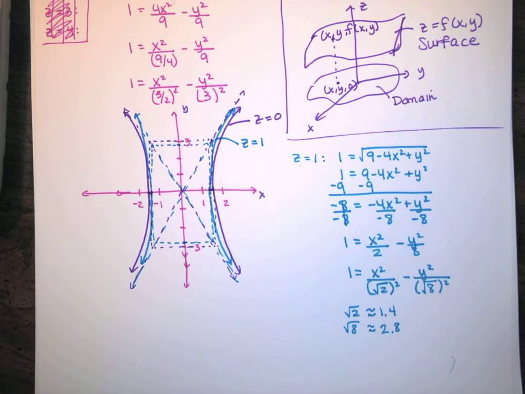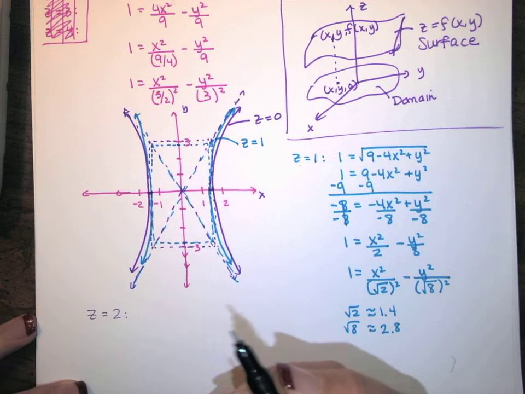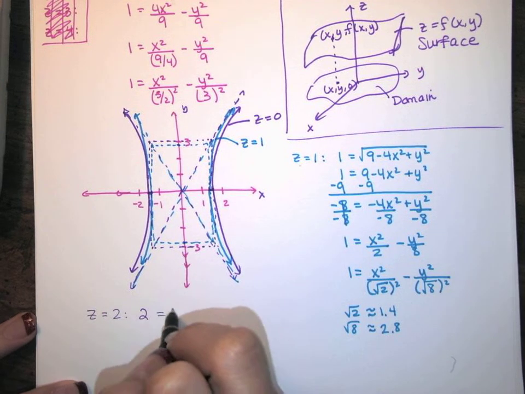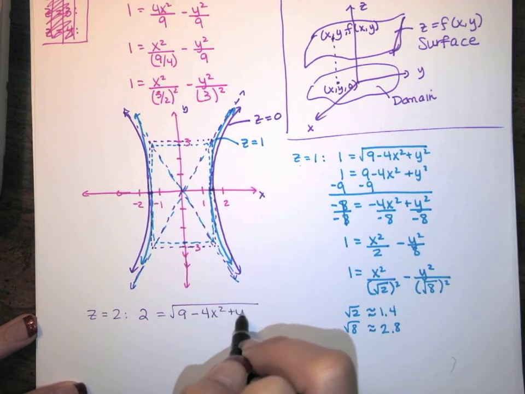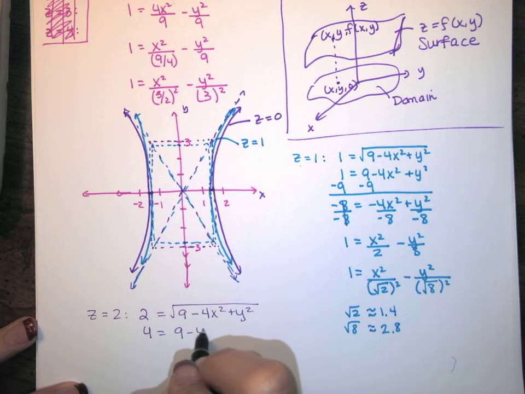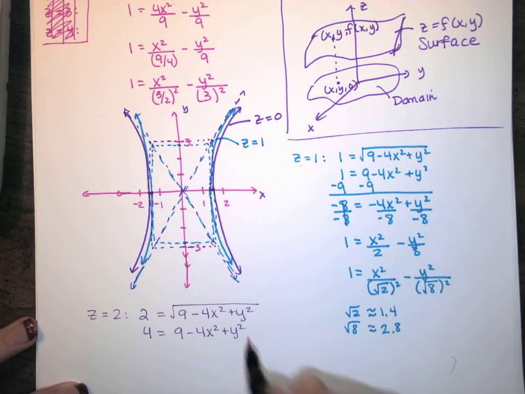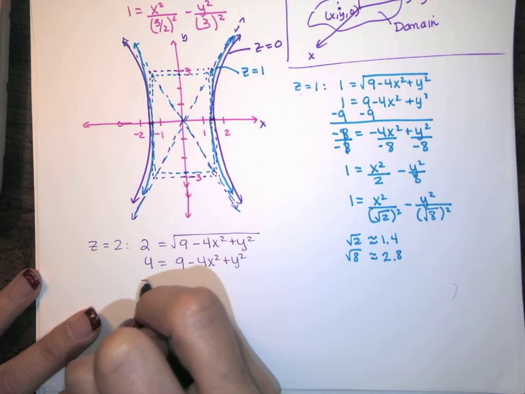And let's look at what we get when z equals 2. So this one's not particularly insightful. Square both sides. Subtract the 9 from both sides. 4 minus 9 is going to give us a negative 5.